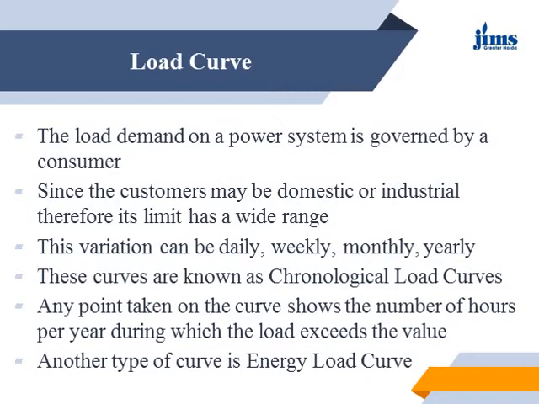There may be variation even on a daily basis. Weekly, if in some week some particular celebration or festival is there, then the demand for power becomes higher. So the curves are chronological load curves.